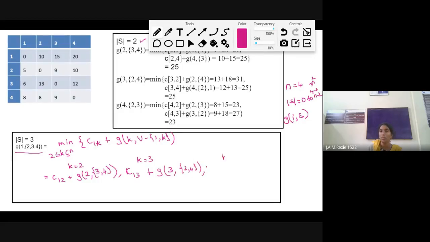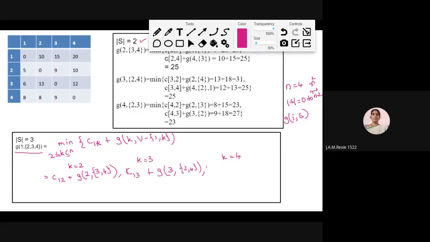And the next option will be, if I consider K as 4, then it will be C14 plus G of 4 comma 2 comma 3. So among these, which is having the least cost, that has to be applied.